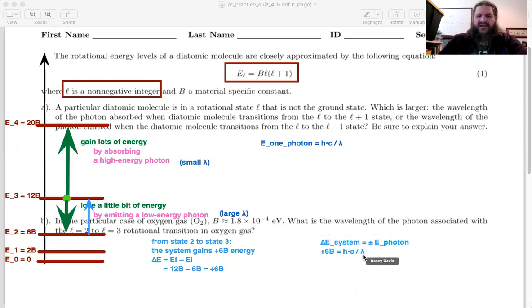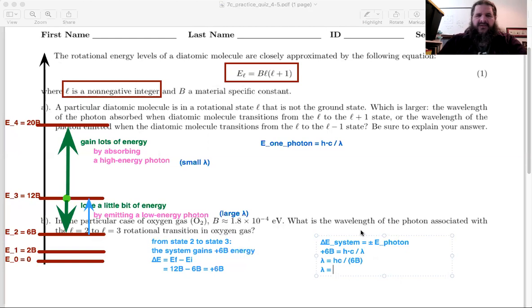So how would we isolate lambda here? Yeah, hc over 6B. So that's our formula for the wavelength. This is the expression for the wavelength that will be absorbed because we're going up in energy state. We're gaining energy.